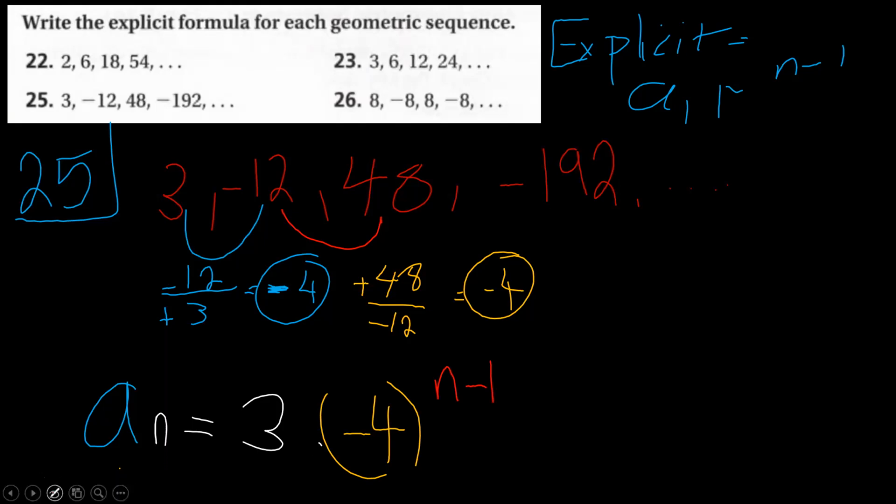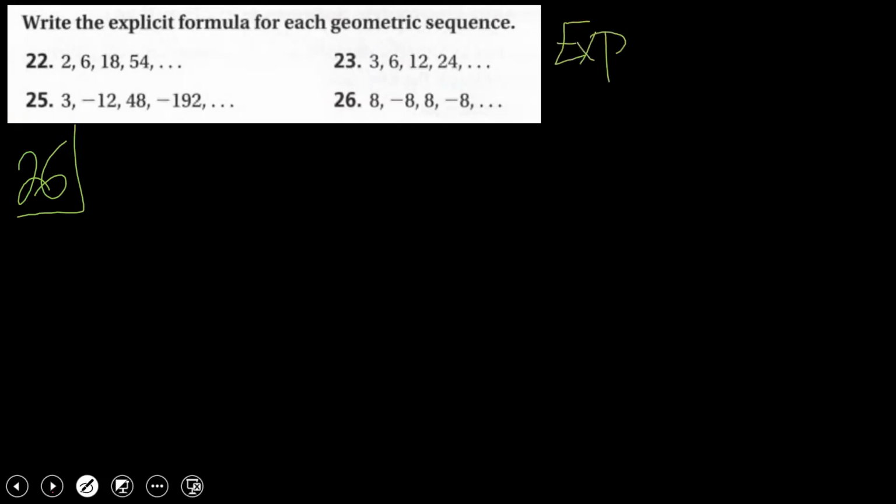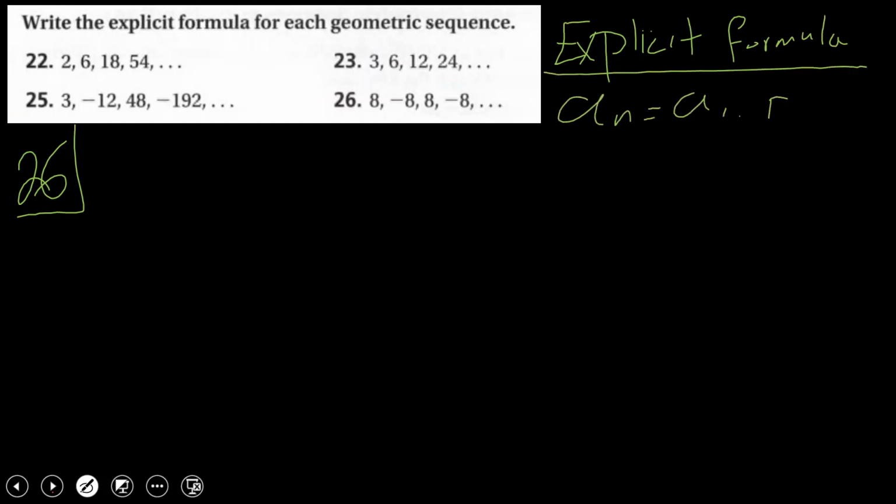Now let's find number 26. In number 26, he also asked me to write an explicit formula. And as we said before, an explicit formula is A sub n is A sub 1 times r raised to the power n minus 1.